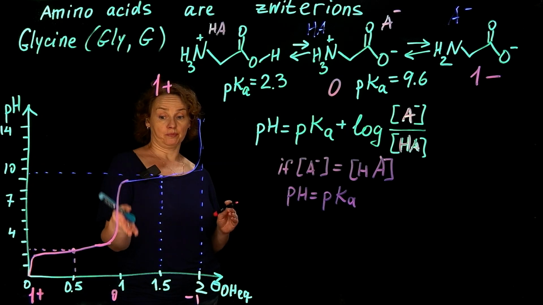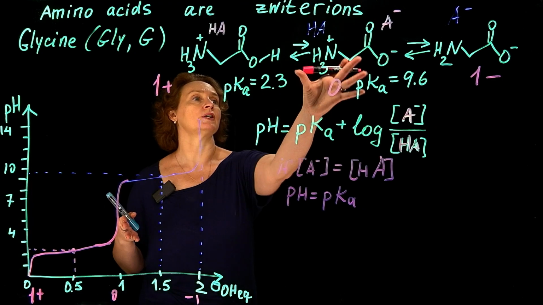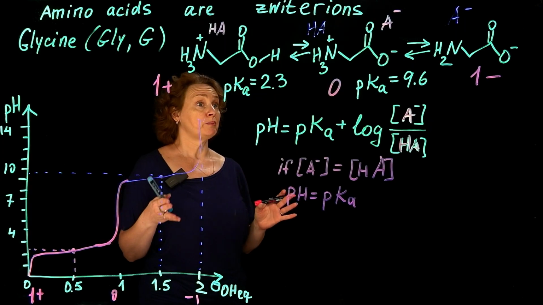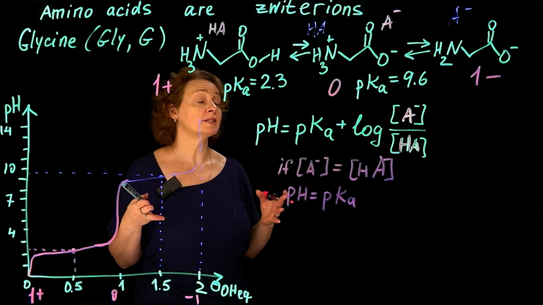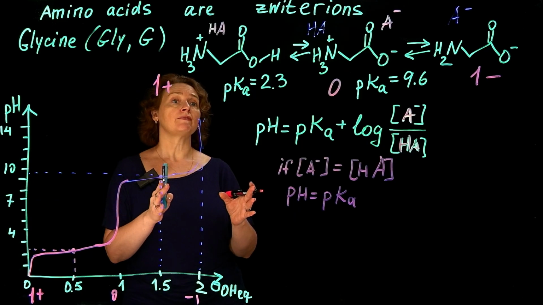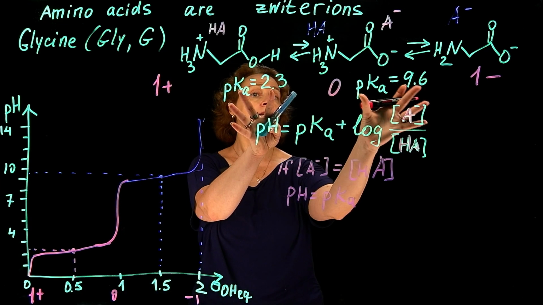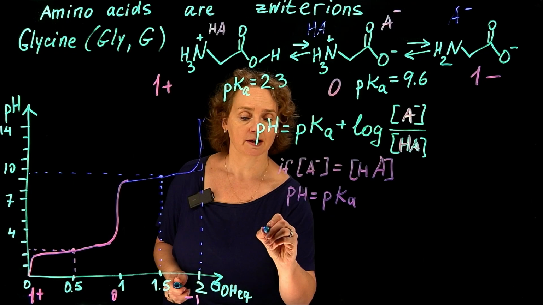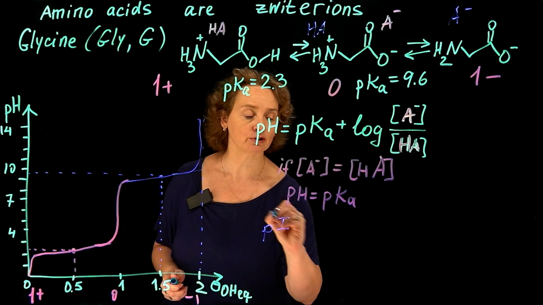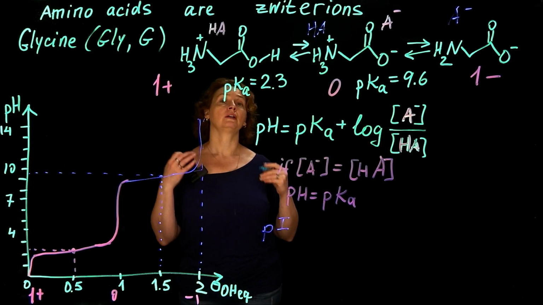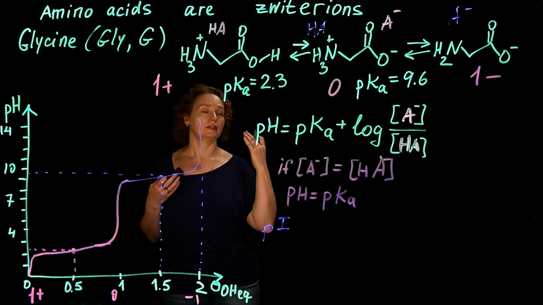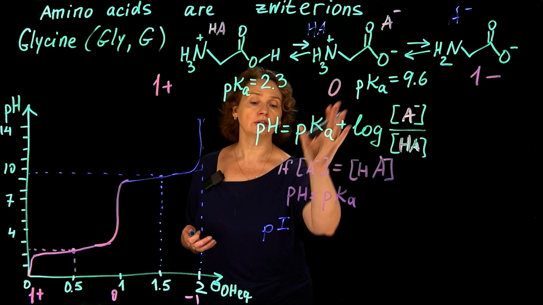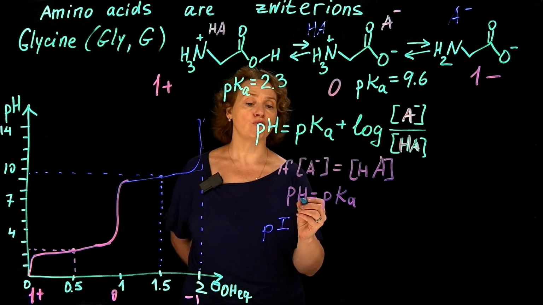So the neutral form, the zwitterion in this case, form of glycine, will be the most predominant, the maximal amount of that, if we have a pH that is an average between those two pKa's. And that is referred to as PI, isoelectric point, the pH at which the predominant form of a molecule is this neutral, in this particular case, zwitterionic form of glycine.